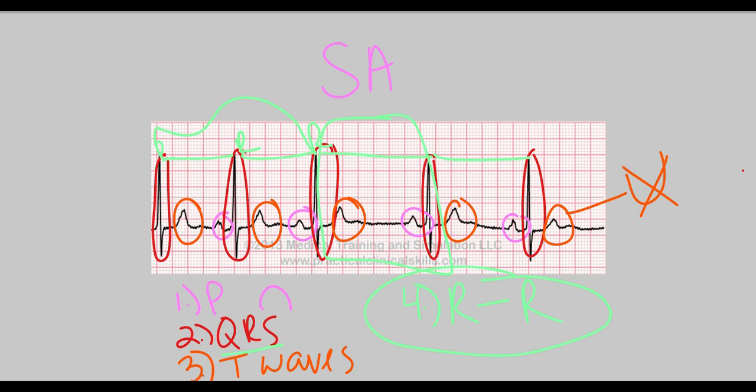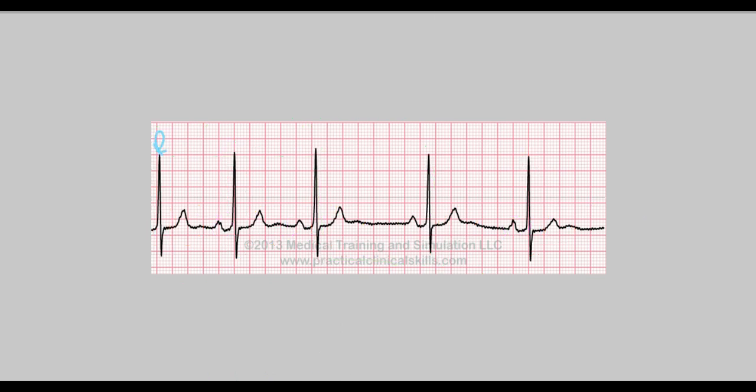I also want to take a closer look. These are R waves, and the whole thing is called a QRS. The distance from one R to another should be equal if it is sinus rhythm. Another thing I want you to realize is that the rate is going to vary because of this arrhythmia.